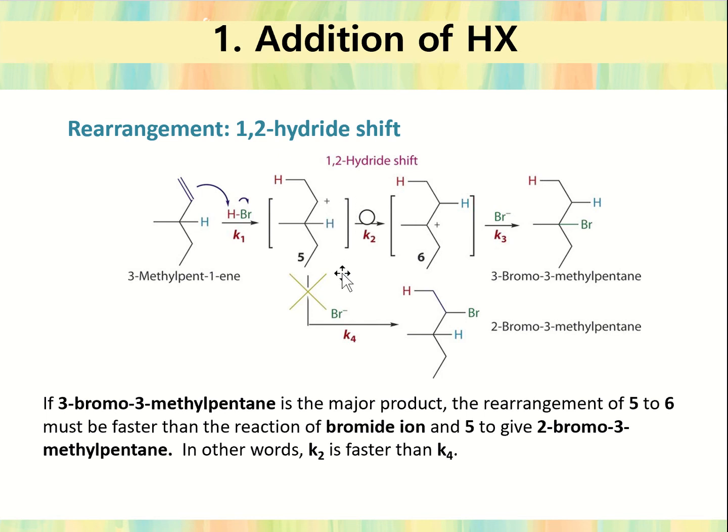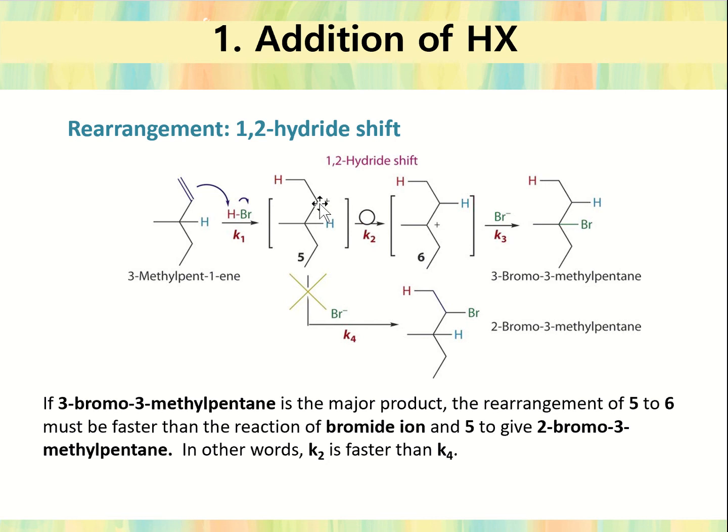All right. And so the point we're making here is that if a rearrangement is possible, which it is here because we have a neighboring hydrogen, and if we have a 1,2 hydride shift, we will move into a more stable arrangement. That is, we'll be moving to a more stable carbocation. Then that rearrangement will definitely happen.